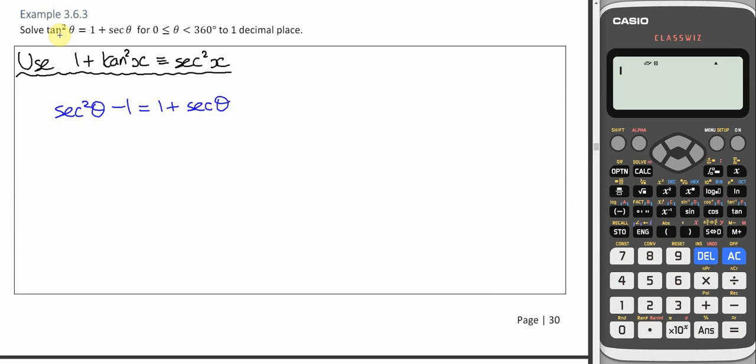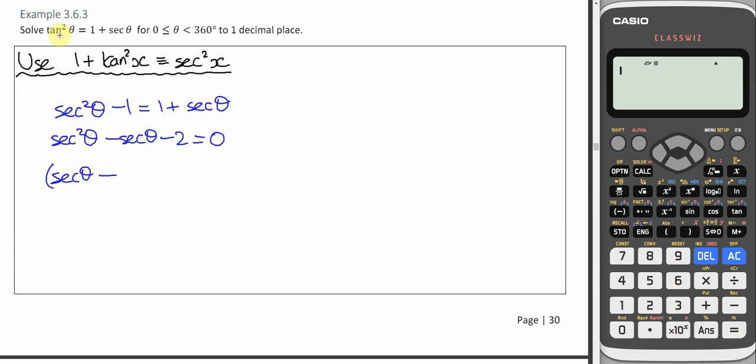Now I have a quadratic equation in sec theta, so let's rearrange it into a nicer format. In other words, so it equals 0, and we've got the squared term, then the linear term, then the constant term. It might factorize, it might not.